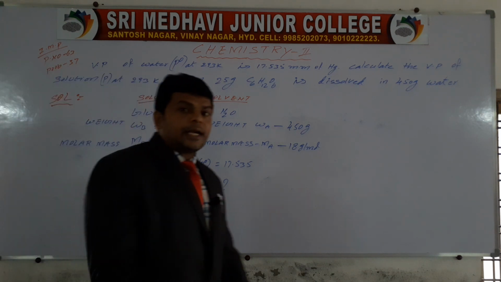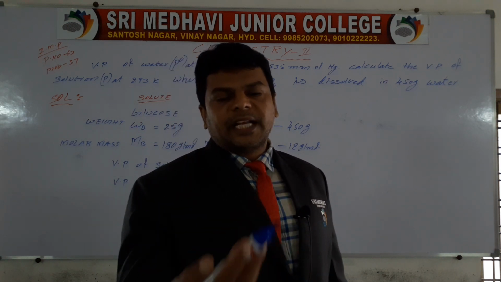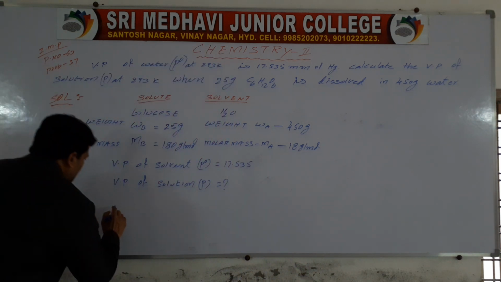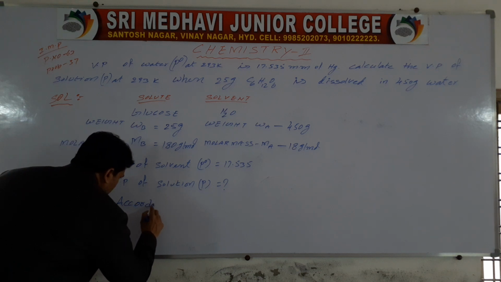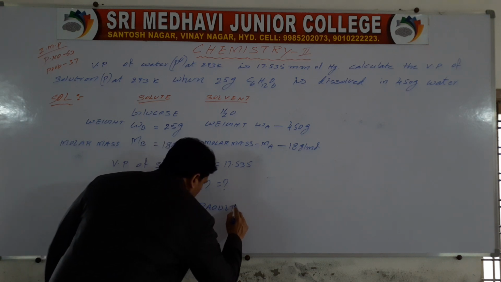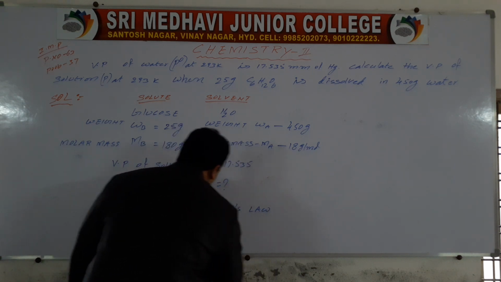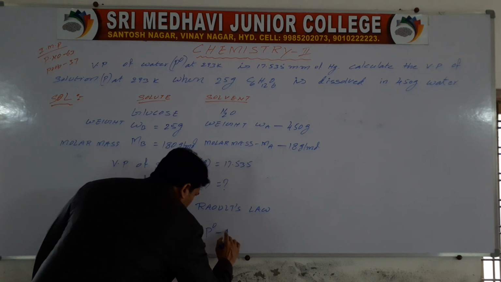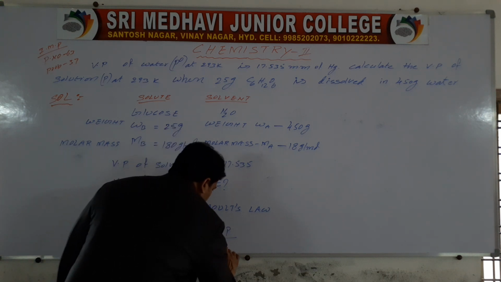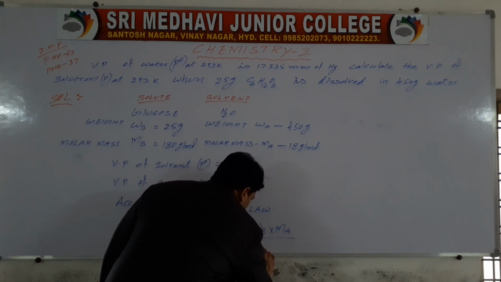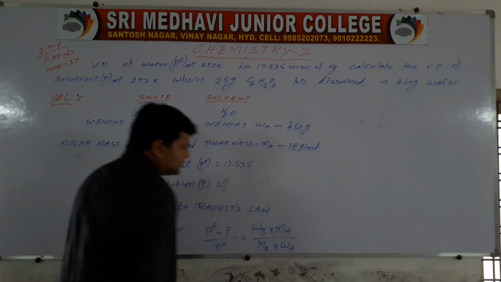So according to Raoult's law, we know that (P naught minus P) by P naught is equal to Wb into Ma by Mb into Wa.